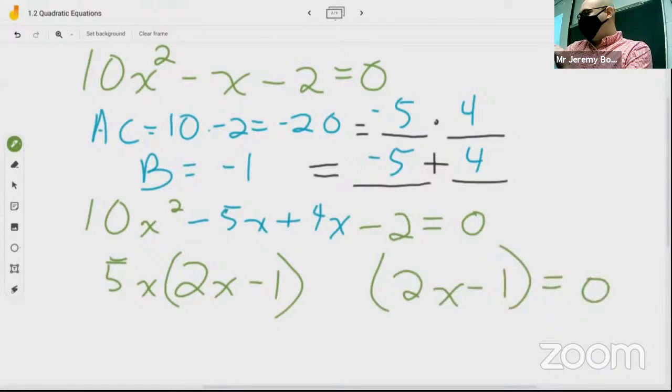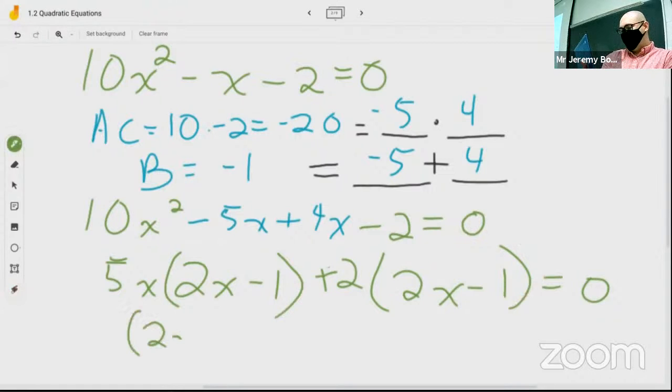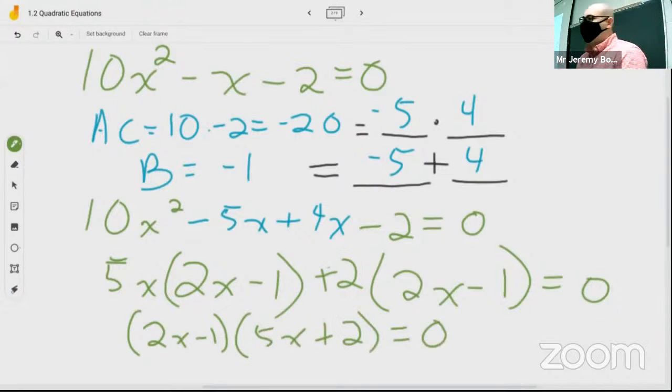What can I factor out to get that? A positive 2, yep. And so now, 2x minus 1, 2x minus 1, we're going to pull that out. What's left over? 5x plus 2. And those are equal to 0.